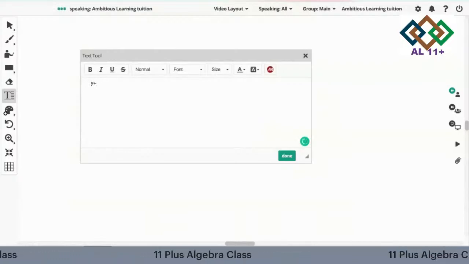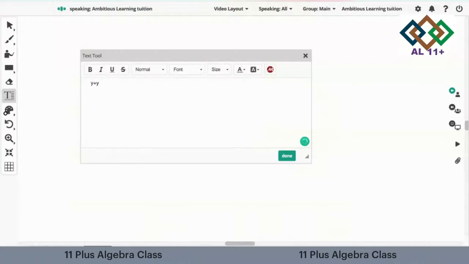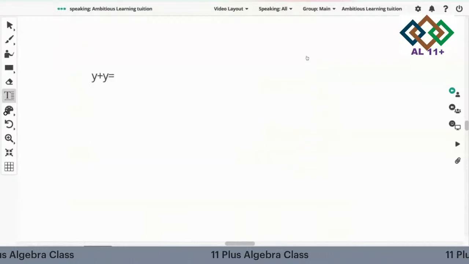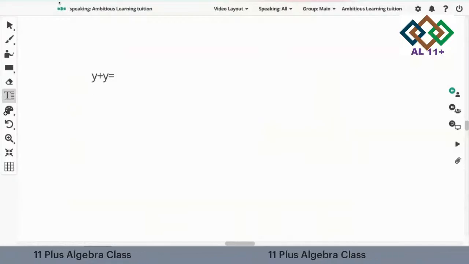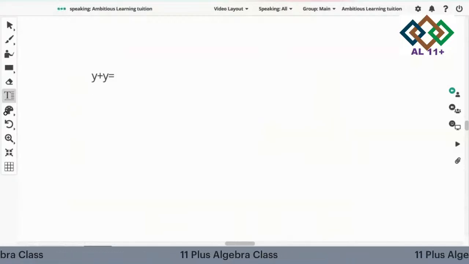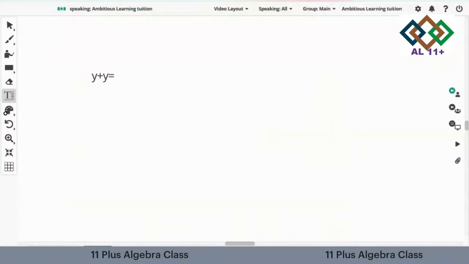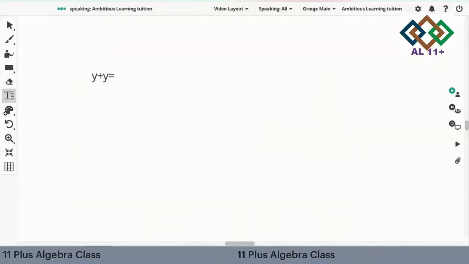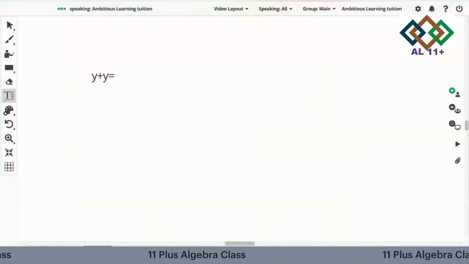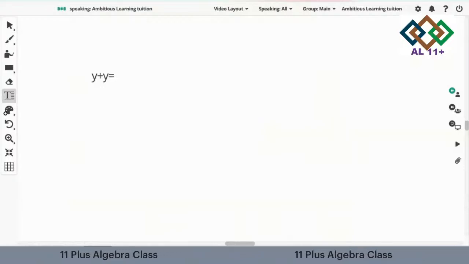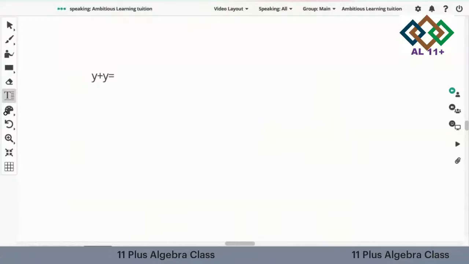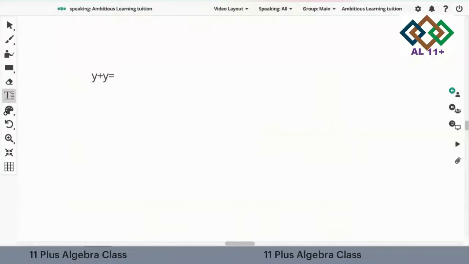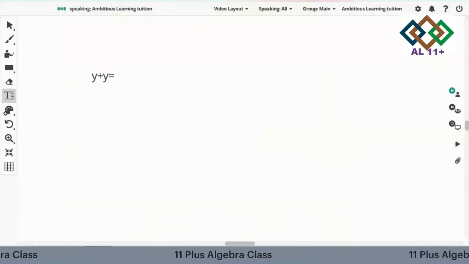If you have something like this, y plus y equals what? This is something you have in algebra. You might ask, what do you mean by y plus y? How could we add y plus y? Actually, in algebra, anything is possible. So you will just add them up.